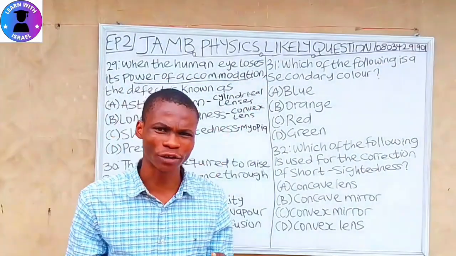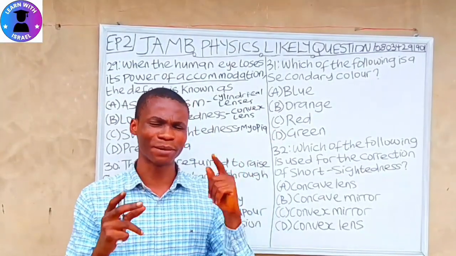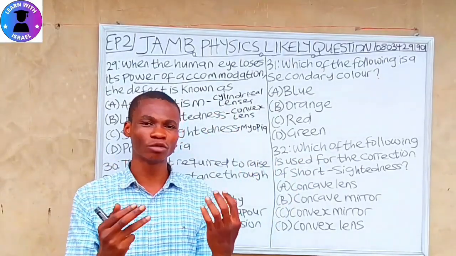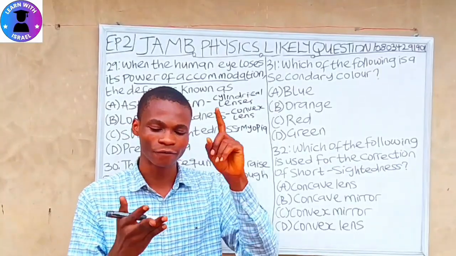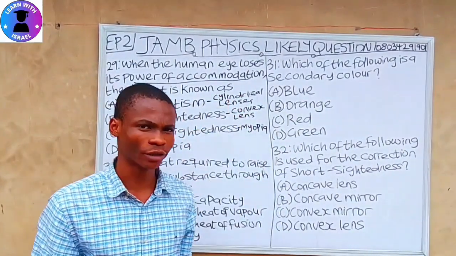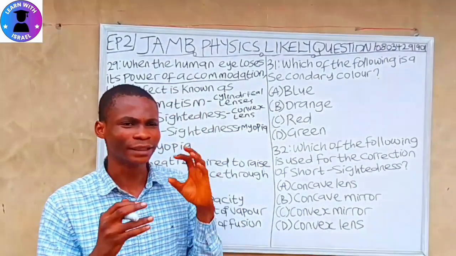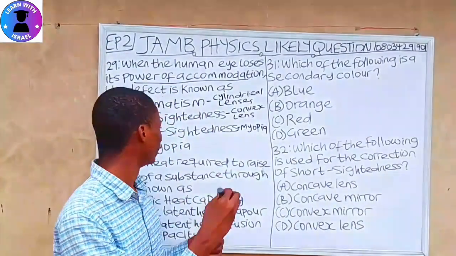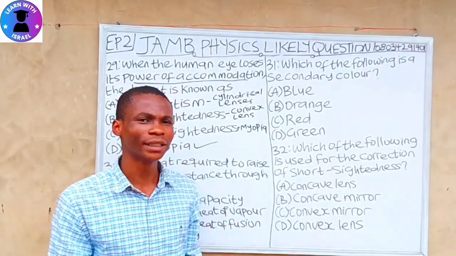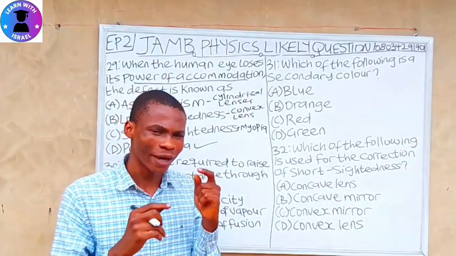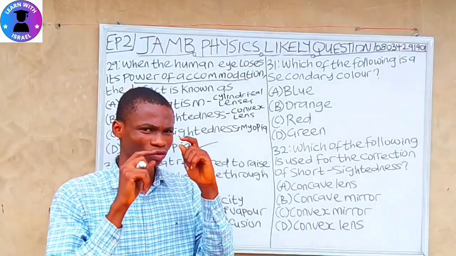The power of accommodation is being able to see distant objects, meaning far objects, and also near objects. When the eye is able to see both near and far, that is the power of accommodation. And when the eye loses it, the terminology is presbyopia. Presbyopia is when the eye begins to age, and the ciliary muscle begins to weaken.